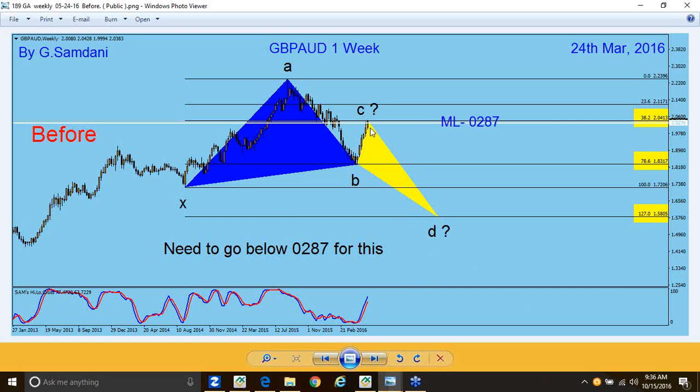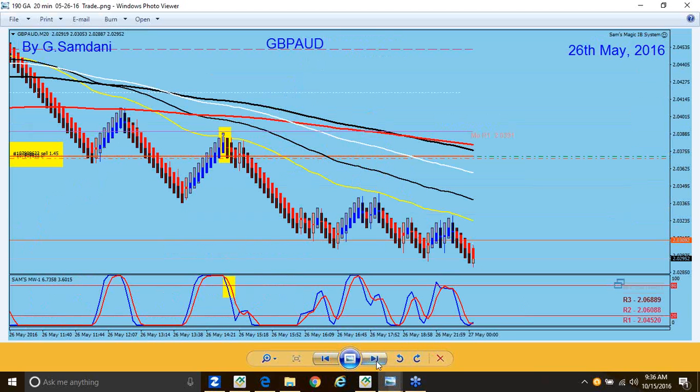So this is what happened to pound Aussie. I saw this one, and then I said, okay, if this is what it is, then I should be getting short setups on my Magic Ivy system, obviously, if it is going to go down. So start looking at it. This is the pound Aussie, two days later, the 26th. That was the 24th. On the 26th, the pair went bearish, and then this was an entry, but I didn't take this one.